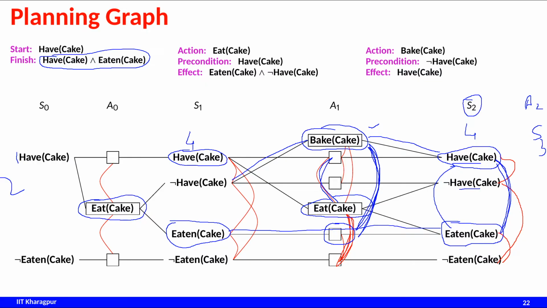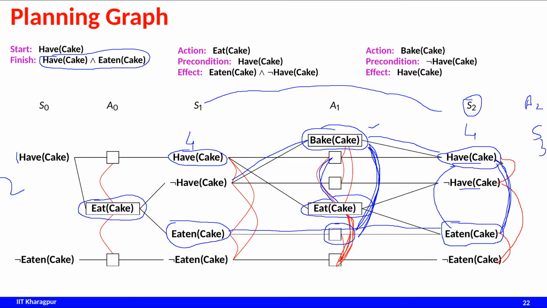The interesting thing is that if two consecutive states, for example S1 and S2 or S2 and S3, result in the same scenario, the same set of literals along with the same mutex information, then we do not need to explore any further, because even if we apply any actions, it will result in the same situation.